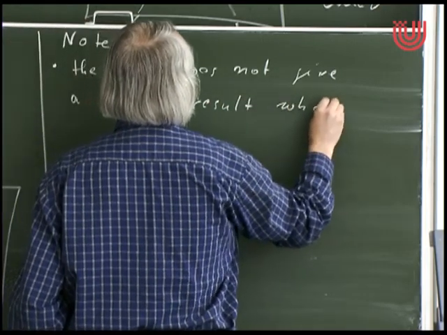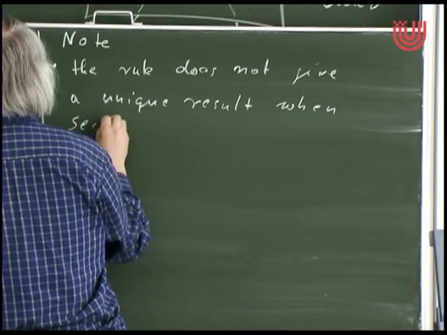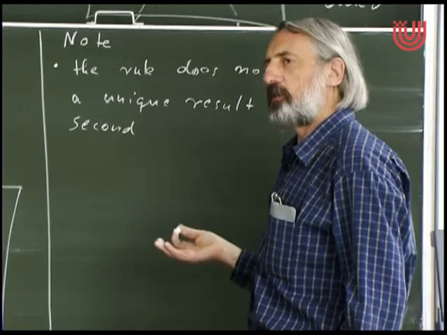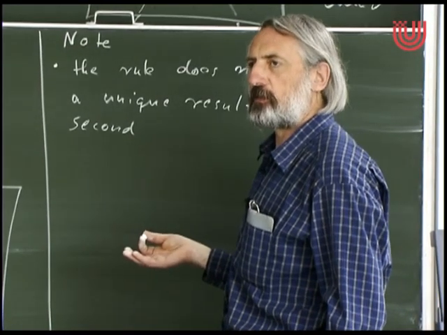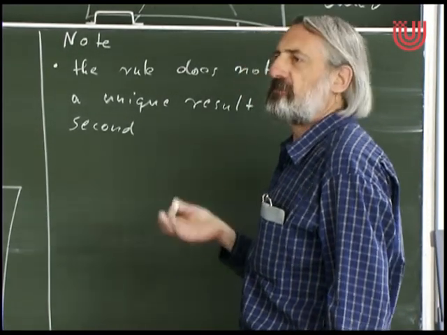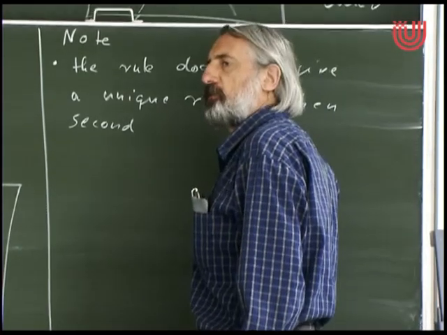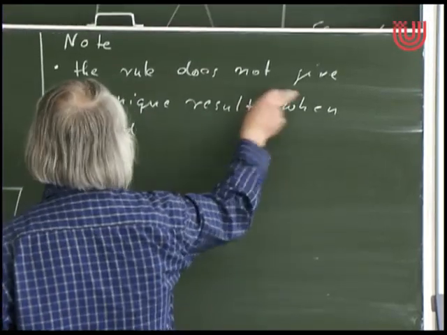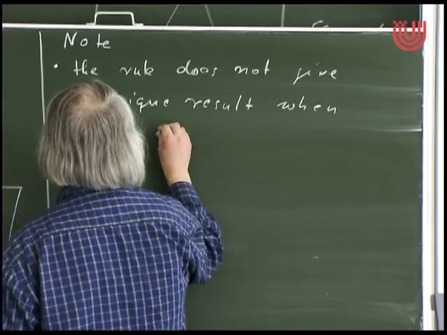when second derivatives occur. Fortunately, Maxwell's equation and the Euler equation involve only first derivatives, so this problem doesn't occur. But you may think of some sort of field equation which involves second derivatives. Then you come across this problem. The rule does not give a unique result when second derivatives occur.